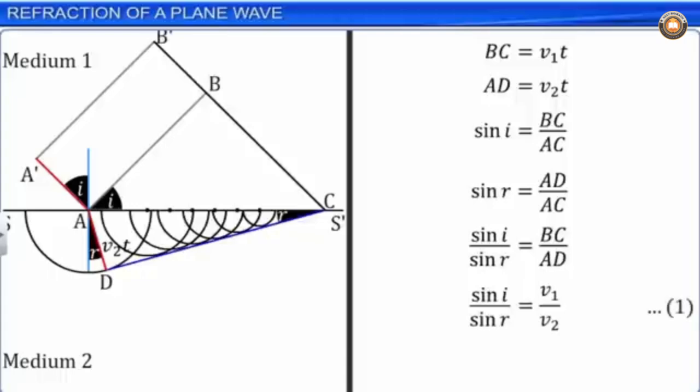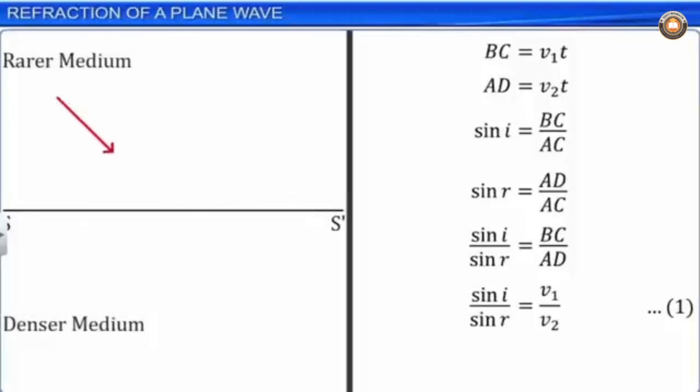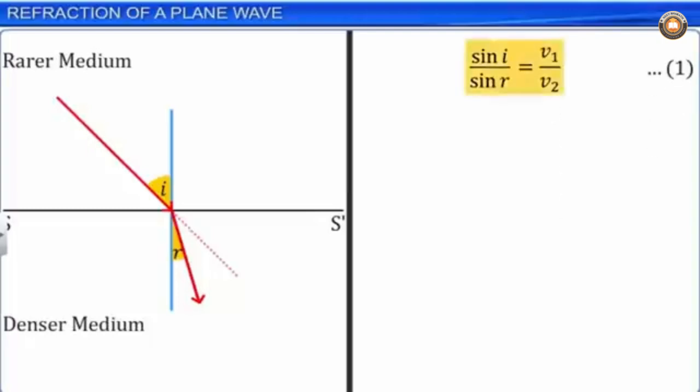We know that if light travels from a rarer medium to a denser medium, it bends towards the normal, and hence the angle of refraction R is less than the angle of incidence I. From equation 1, we can conclude that if R is less than I, then V2 must be less than V1. Thus, according to Huygens wave theory, the speed of light in a denser medium is lesser than the speed of light in a rarer medium.